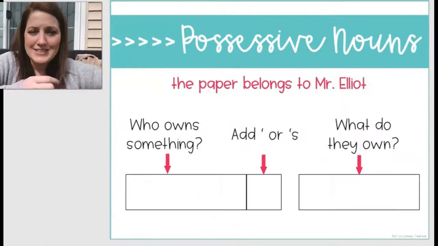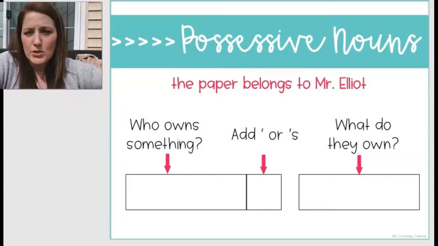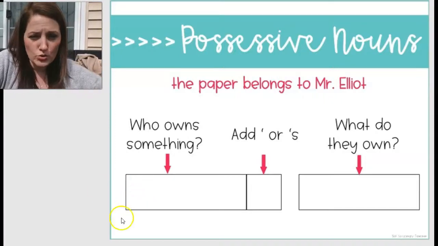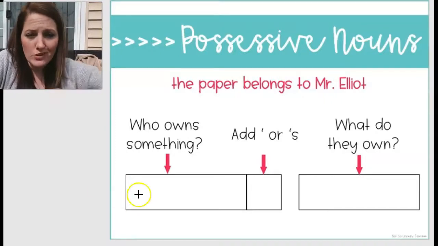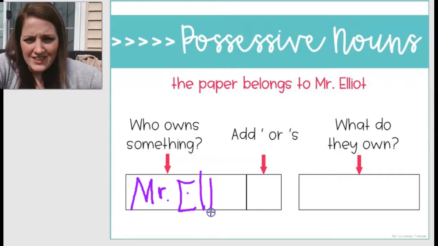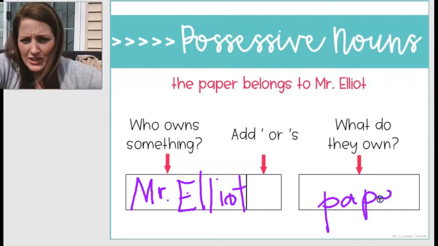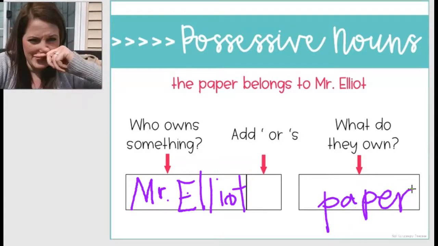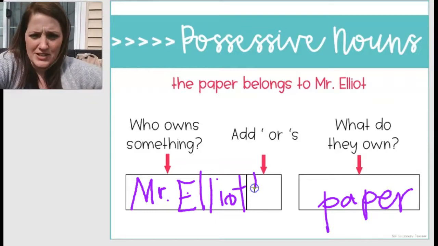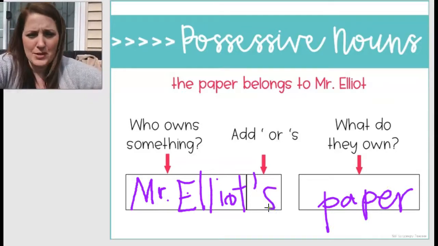So let's keep practicing. This says the paper belongs to Mr. Elliot. Who owns something? What goes in here? It would be Mr. Elliot. And what does Mr. Elliot own? He owns the paper. So the paper would go here. And then we're going to add apostrophe or apostrophe S. Well, Elliot does not have an S at the end, so it would be apostrophe S, Mr. Elliot's paper.